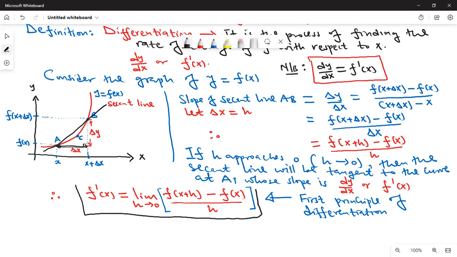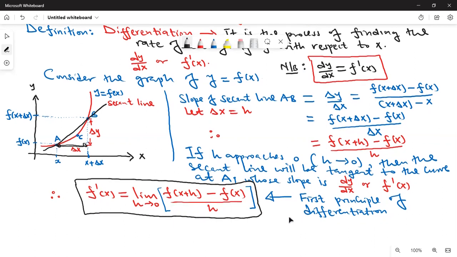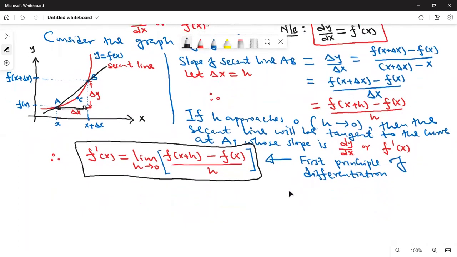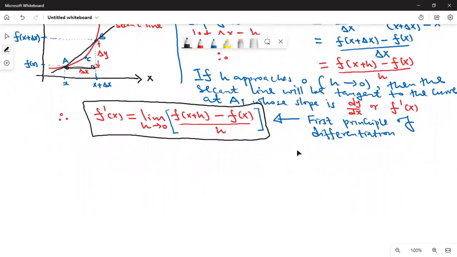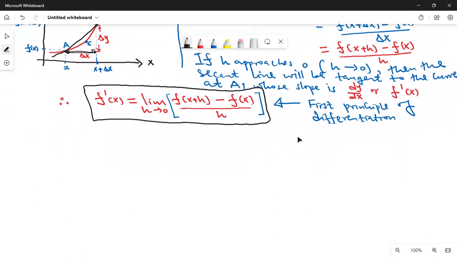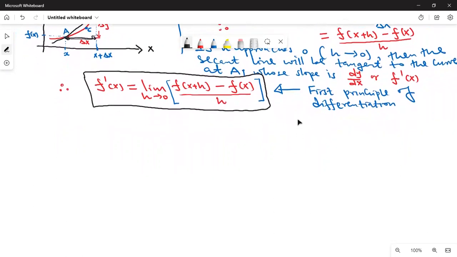So let's see how to use this formula to be able to differentiate some functions. We're going to look at 4 examples where we have different functions and we need to apply that formula of first principle to be able to find f prime of x.